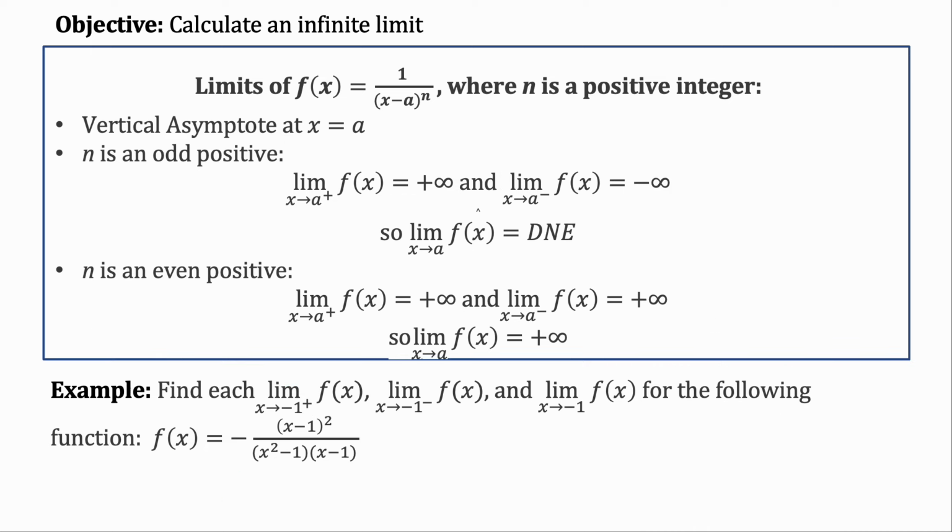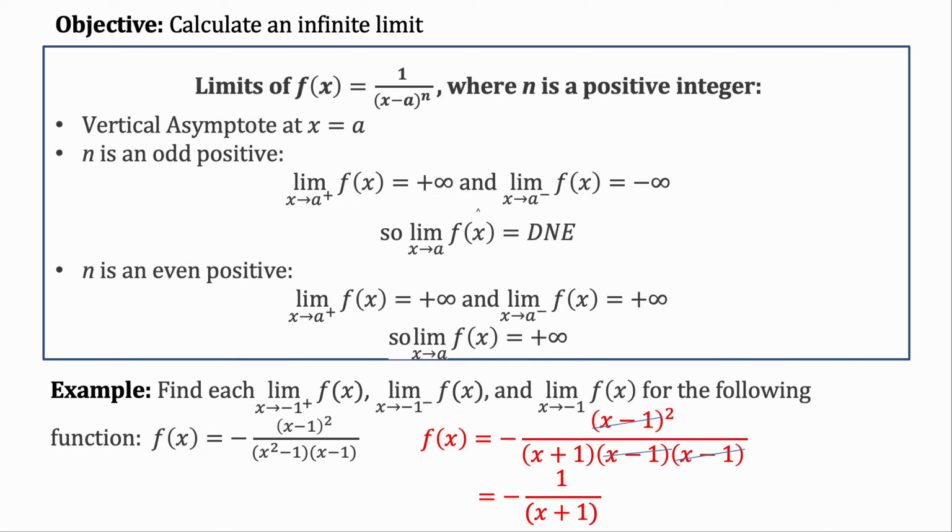Let's look at one last example. Now, this example doesn't really look like it fits this category, but if we take that function and fully factor it, which is what I've done for you here, and reduce it down, we have some quantities that are going to cancel out. So the x minus 1s cancel out on both the top and the bottom, leaving us with a simplified version, negative 1 over x plus 1.